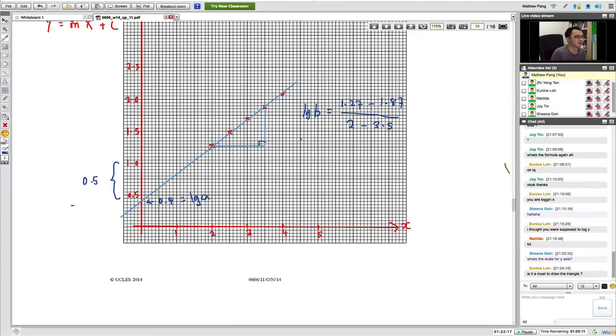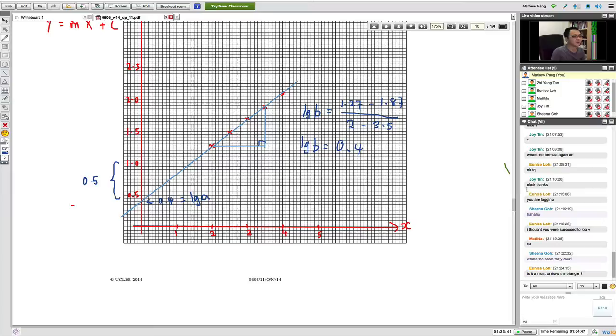So log B will equal the gradient, 1.27 minus 1.87, divided by 2 minus 3.5. Yeah, it's 0.4.